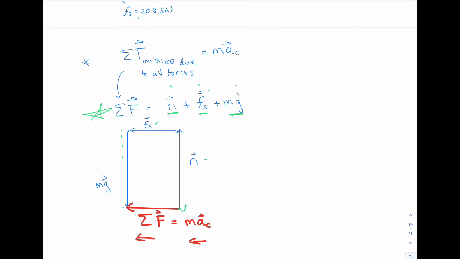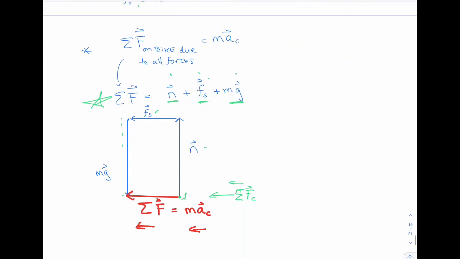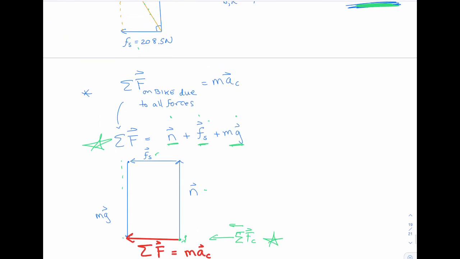The net force is this big red vector which points to the left, and indeed that's my net centripetal force. Part B did not ask you for that. They just wanted the net force exerted on the bike due to the road, and that was those two.